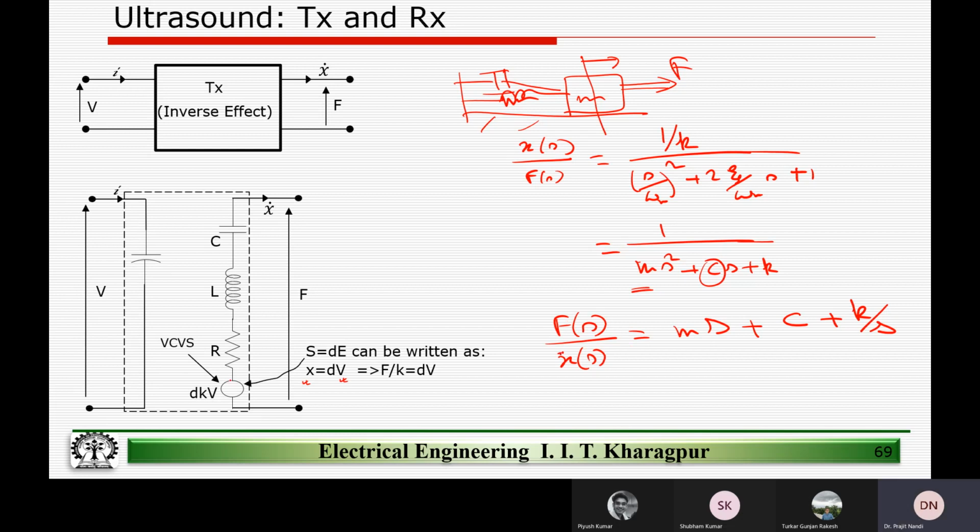So basically the internal force, or the stress that we are generating, is the force F that we generate because of applying a voltage here. If you see here, we have a voltage controlled voltage source. What it means is the voltage that will appear in the mechanical domain is proportional to, or controlled by, the voltage that we are applying on port 1 of this two-port network.